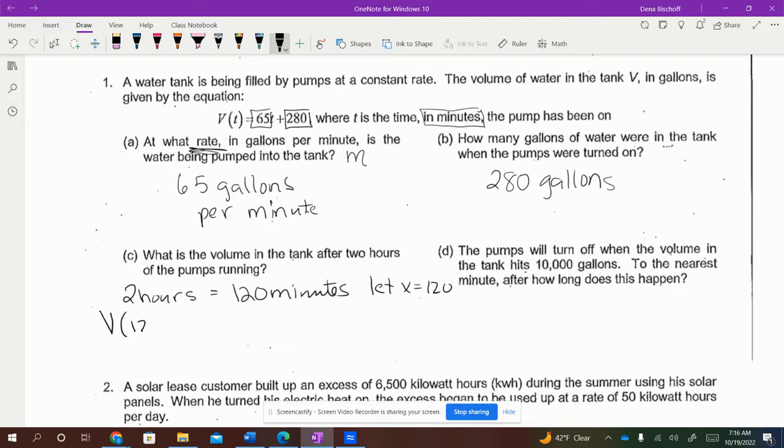So V of 120 equals 65 times 120 plus 280. So the volume at 120 minutes is 65 times 120 plus 280, which is 8,080 gallons.